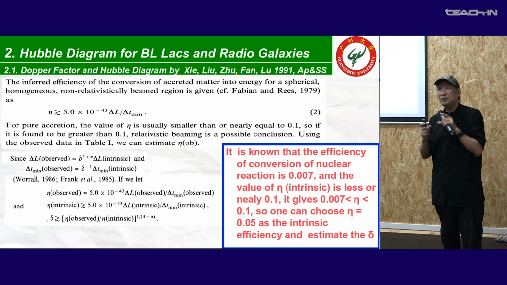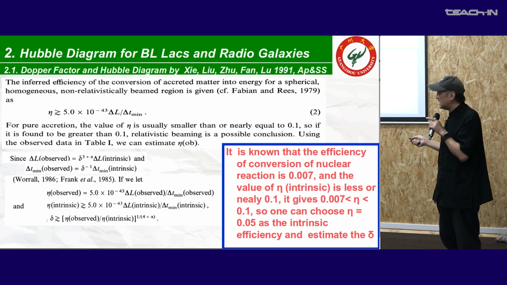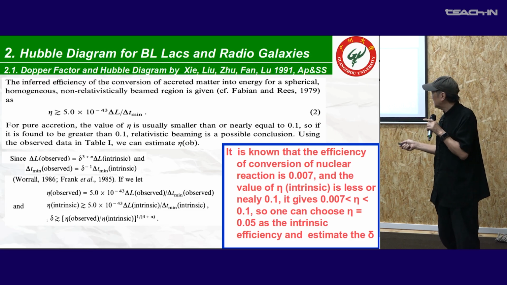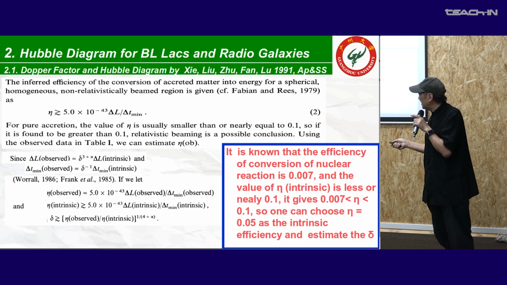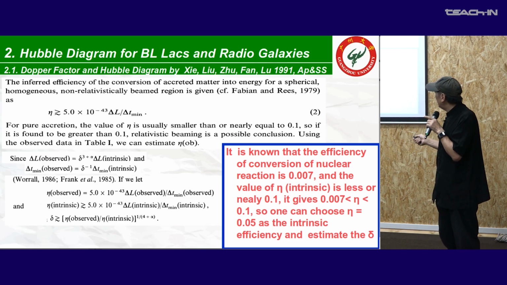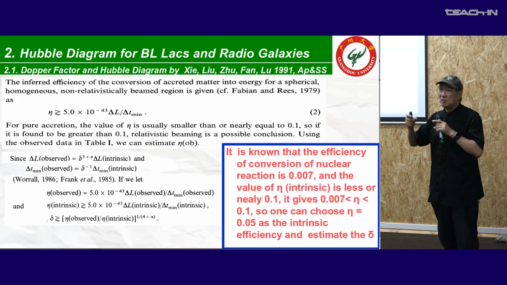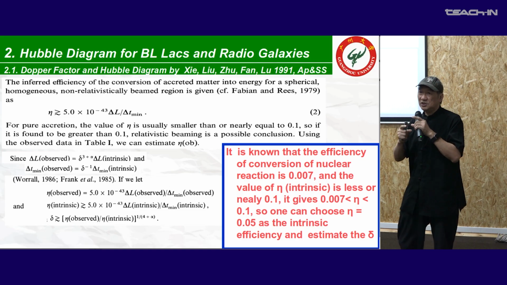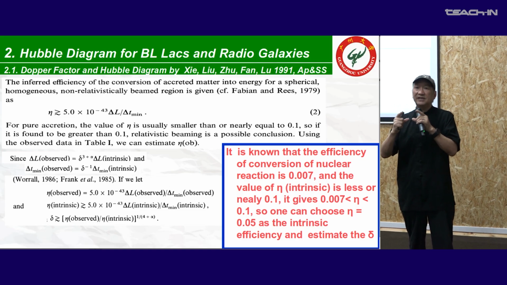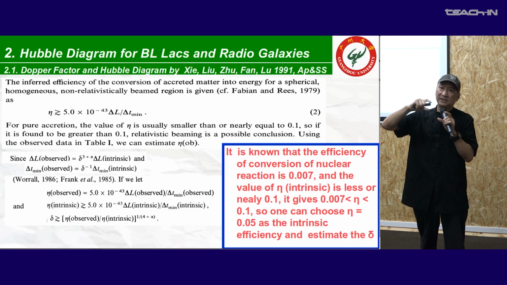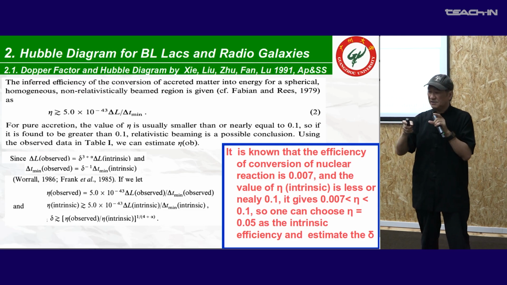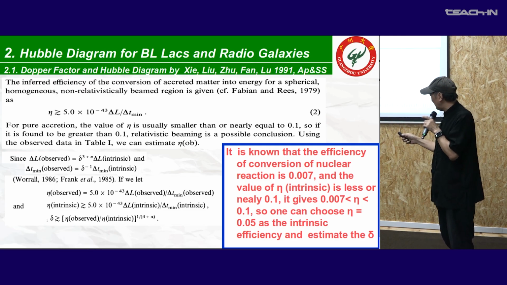So we can choose their middle value, 0.05, as the intrinsic eta. In this way, if we get the observed eta and use 0.05 as the intrinsic one, we can get the Doppler factor. So we can do observations to get the time scale and the corresponding luminosity variation, and in this way we can get the Doppler factor.